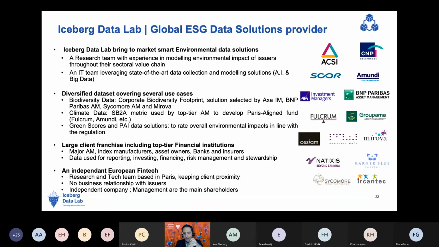And as I will show you, we have a very granular bottom-up quantitative approach to impact assessment on different thematics, of which biodiversity. Regarding biodiversity, we especially won the tender launched a year ago by AXA IM, BNP IM, Mirova, and Sycomore to develop a tool to appraise biodiversity impact, dependency, and positive impact. Next slide, please.